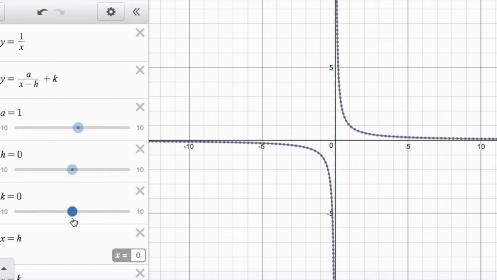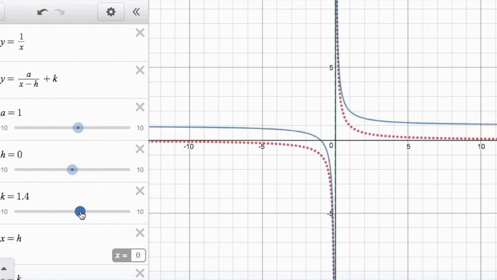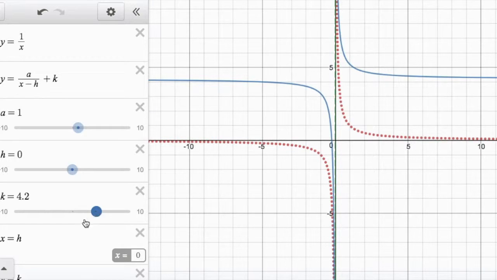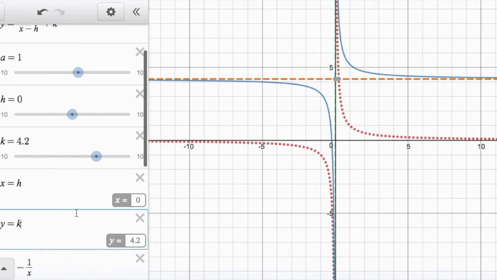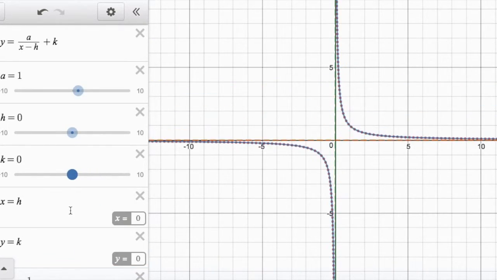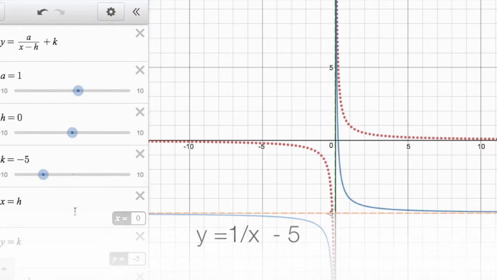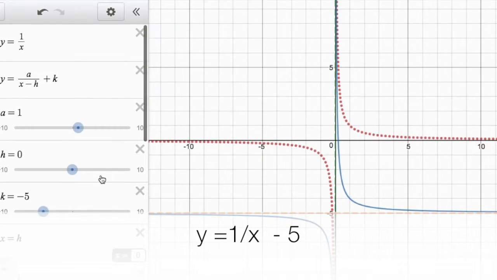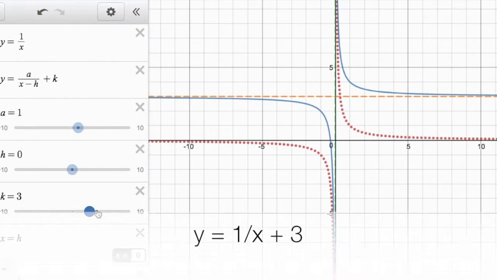Let's change k. Again, that's moving it up and down. If I quickly highlight this, the horizontal asymptote will be whatever k is. So there is y equals 1 on x minus 5, and y equals 1 on x plus 3, and there's your horizontal asymptote.